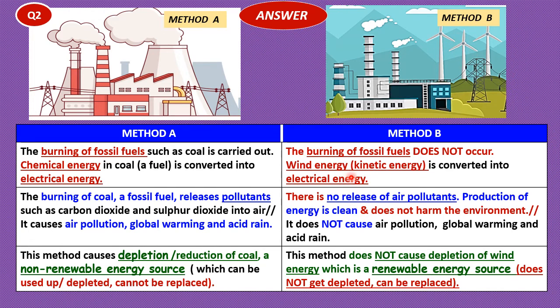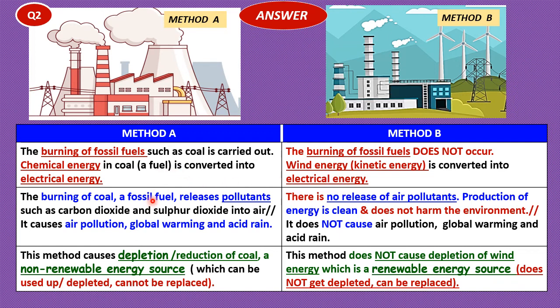The wind energy or kinetic energy is converted into electrical energy. So when the wind blows, the blades will turn, then there's kinetic energy, and by using the wind turbine, the wind energy is converted into electrical energy. Okay, so that's the first difference.